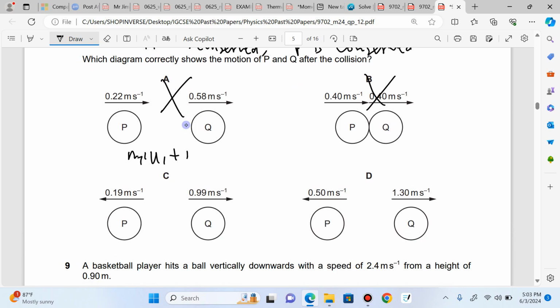m1u1 plus m2u2 equals m1v1 plus m2v2 for the conservation of momentum, and you use the formula half mv squared, that's the formula for kinetic energy, half m1 u1 squared plus half m2 u2 squared.